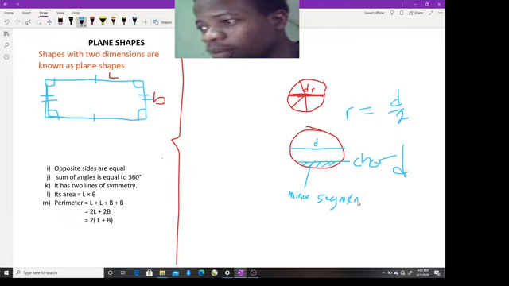These are some of the properties of a circle that everyone should know.